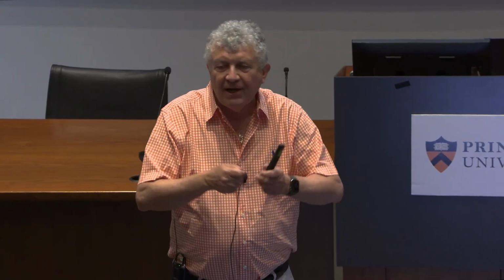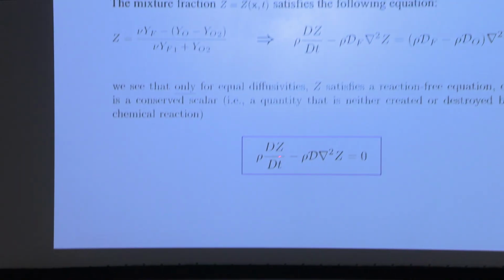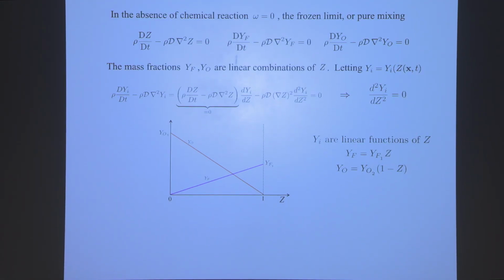Of course, you can call this differential and this preferential. I used to always refer to differential diffusion as heat and mass, and preferential between fuel and oxidizer. I haven't seen any clear terminology elsewhere, but there are some people that use that in both directions. So just as a minor comment. Anyway, if the diffusivities are the same, then Z is a conserved scalar.